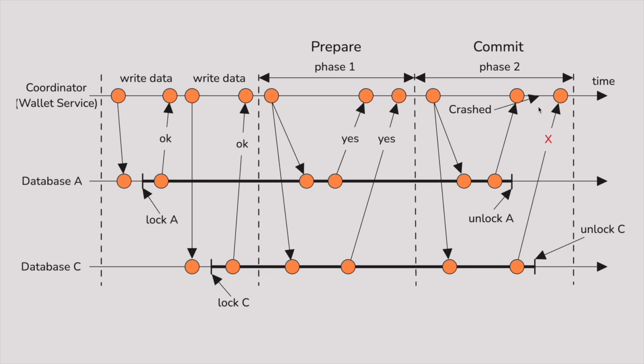The way to handle this is for the coordinator to keep an internal state of the distributed transaction. Every time the coordinator moves from stage 1 to stage 2, it would update its internal database in the wallet service, maintaining the statuses of the prepare stage and commit stage, and as those stages succeed or fail, it would update them.